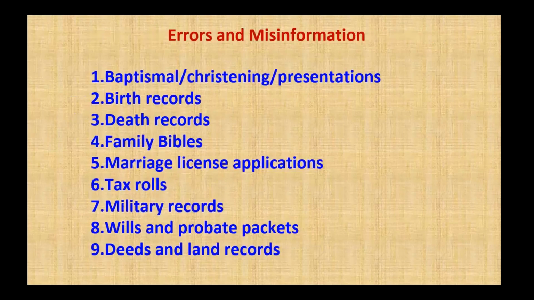Now, errors and misinformation can lead to some significant research challenges. Some of the most common discrepancies that patrons will run into would include baptismal, christening, and presentations in the church containing the wrong birth dates, names, and sex.